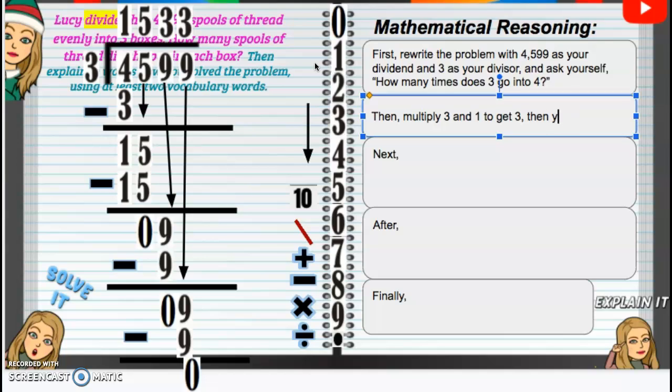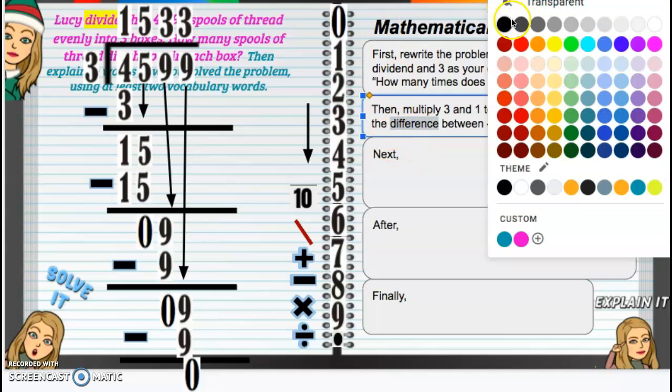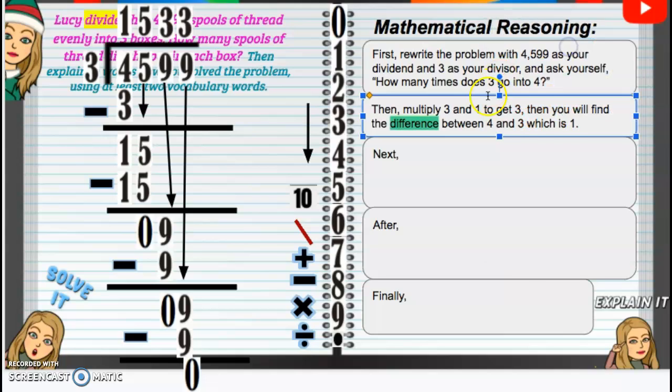So then multiply 3 and 1 to get 3, so 3 times 1 equals 3. Then you will find the difference between 4 and 3, so 4 minus 3, which is 1. And look at that, we've got a vocab word. Bingo, bingo, bingo. Let's do that green.